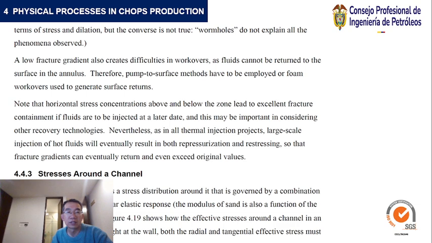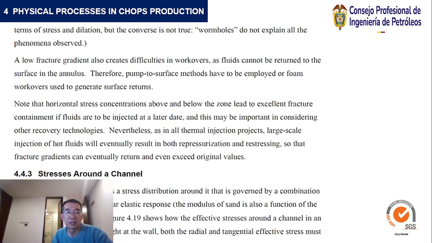Low fracture gradient also creates difficulties in workovers, and fluid cannot be returned to the surface in the annulus. Therefore, pump-to-surface methods have to be employed for full workovers to generate surface returns.